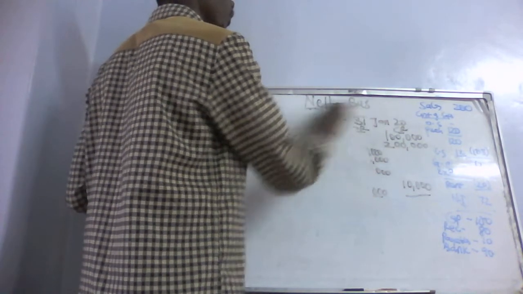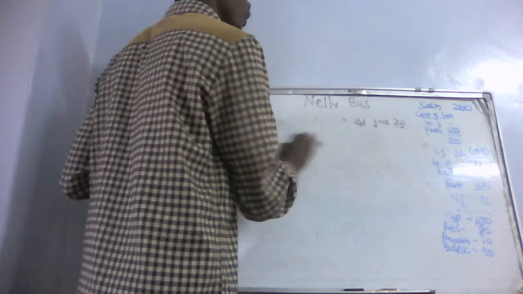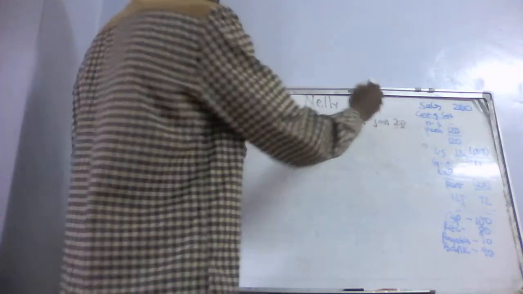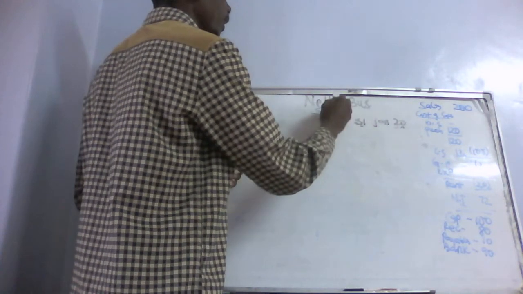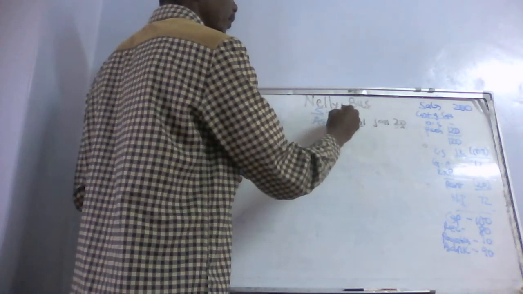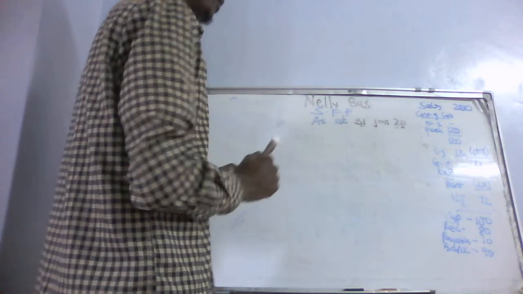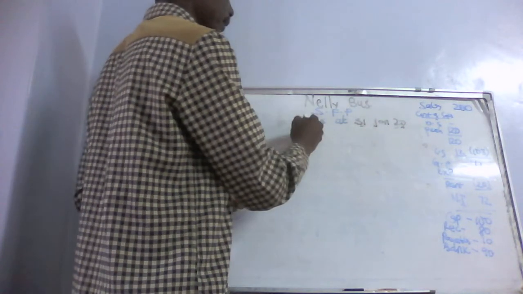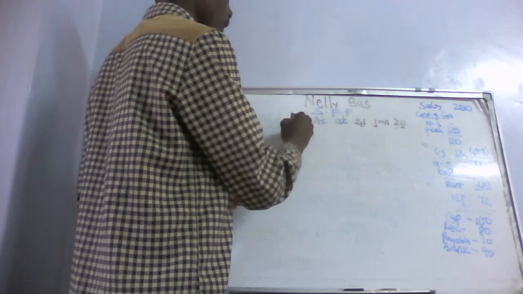So let me just do this. Statement of financial position. This will be the business name. Statement of financial position as at that date. So I will start with fixed assets, or non-current assets.